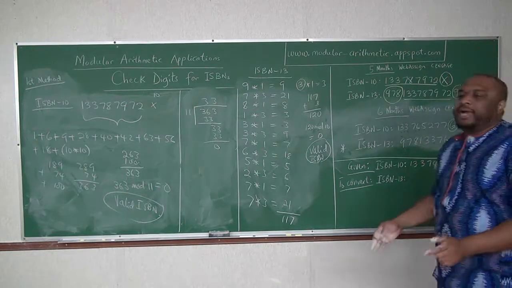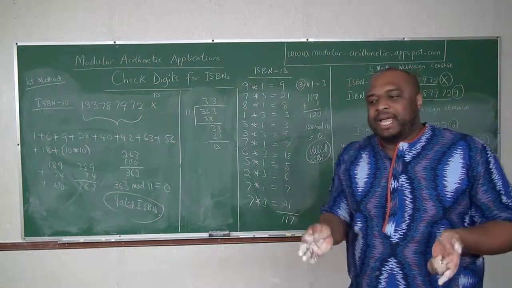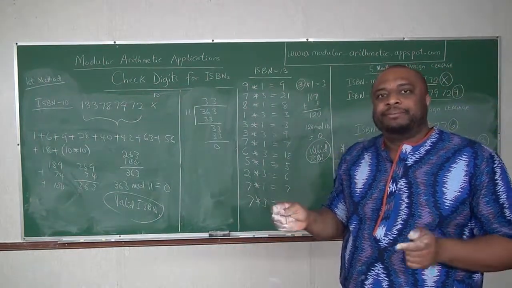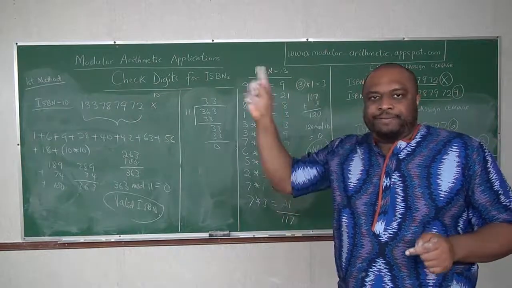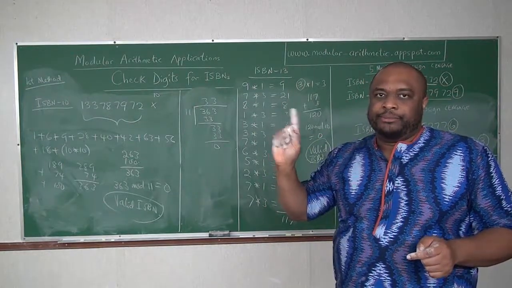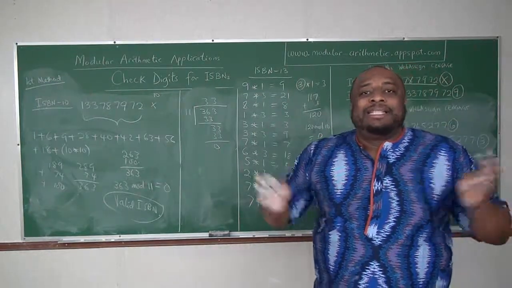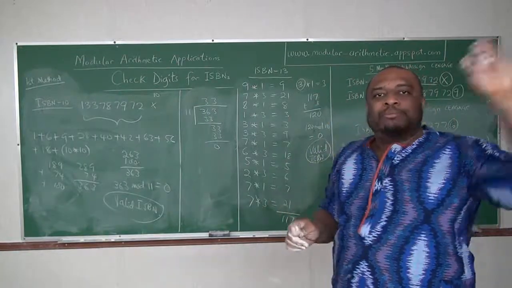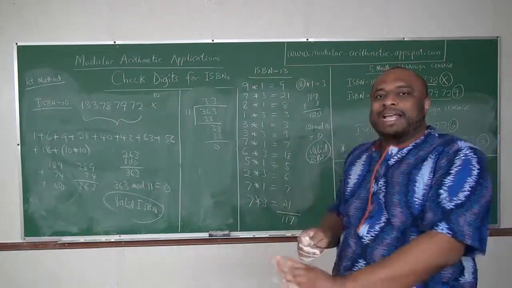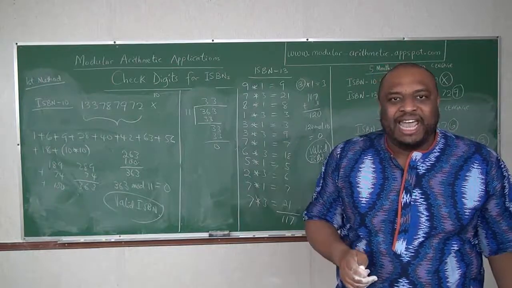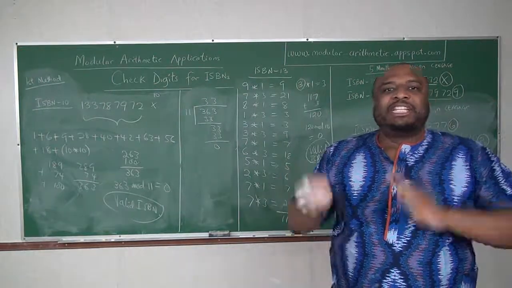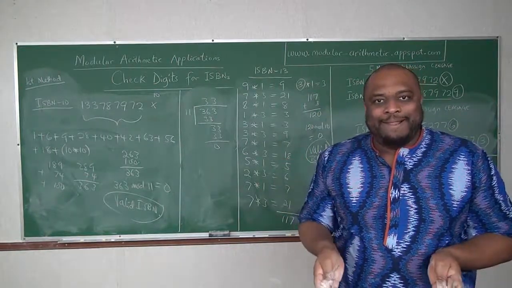When you want to convert from ISBN-10 to ISBN-13, remove that check digit for ISBN-10. Remove it because it's different modulo. ISBN-10 is modulo 11. ISBN-13 is modulo 10. So the check digits are different.